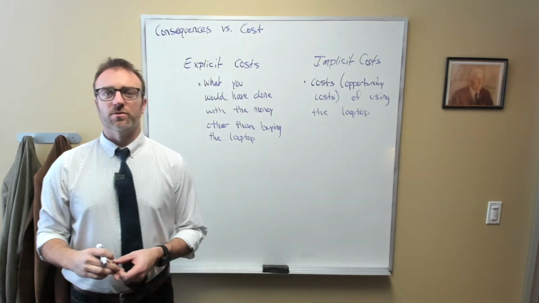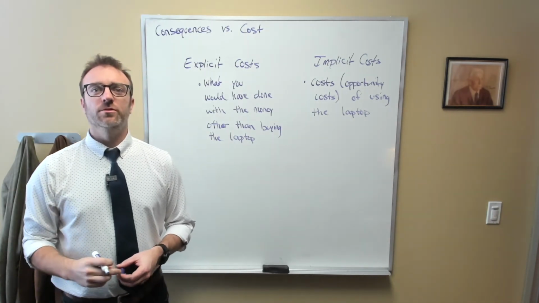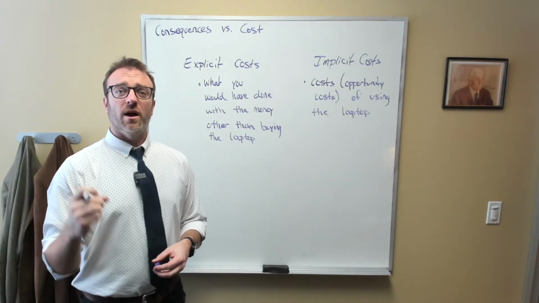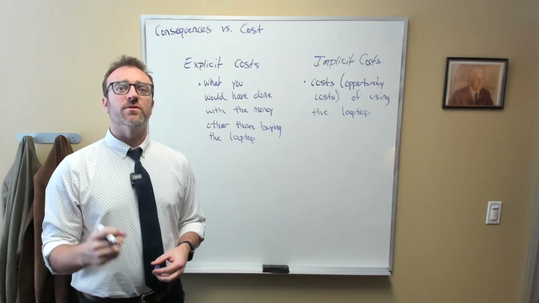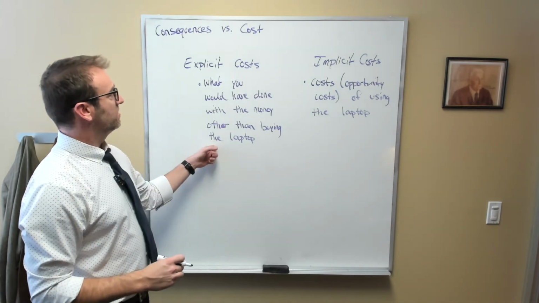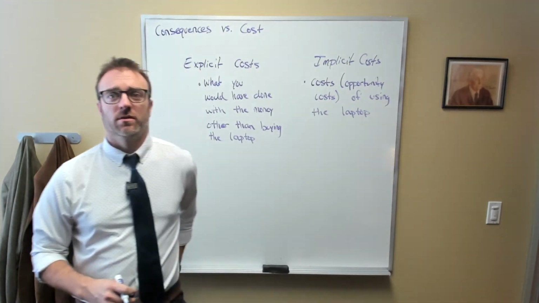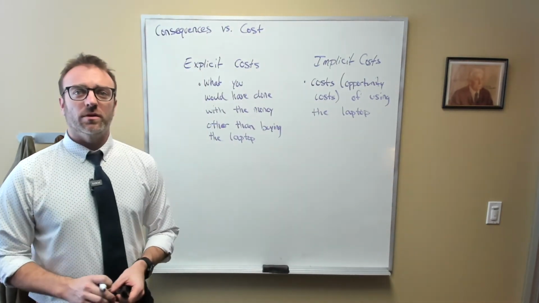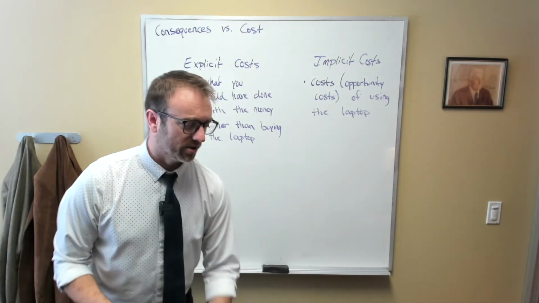Every cost is correctly defined as an opportunity cost, which reflects that for every choice we make, there was a different opportunity that must be foregone, whether that cost is explicit or implicit. Let's think about 3 related activities related to a laptop.